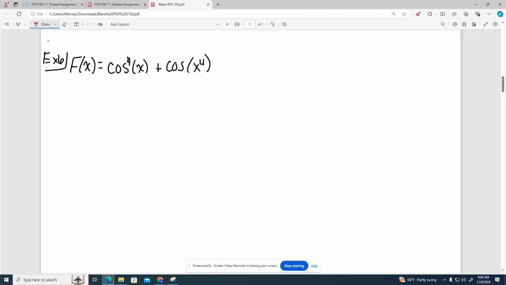But then cosine composed with x to the 4th is also a composition. So we're going to have to apply the chain rule here, which I'll call chain rule 1, and chain rule 2. Kind of like, thing 1 and thing 2.